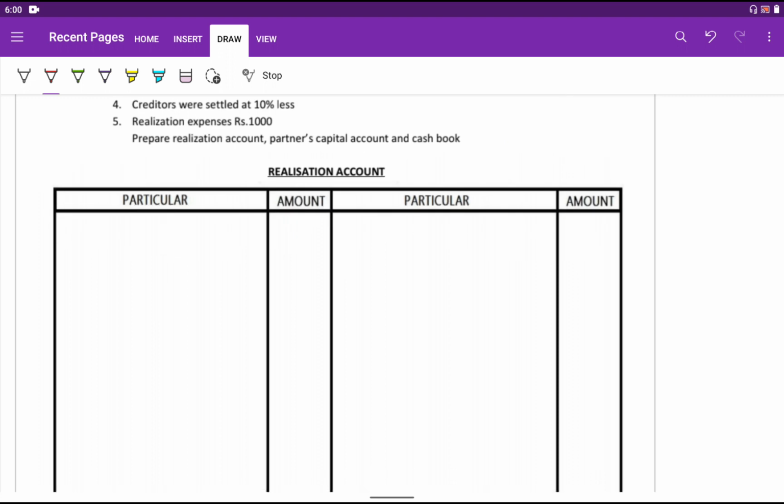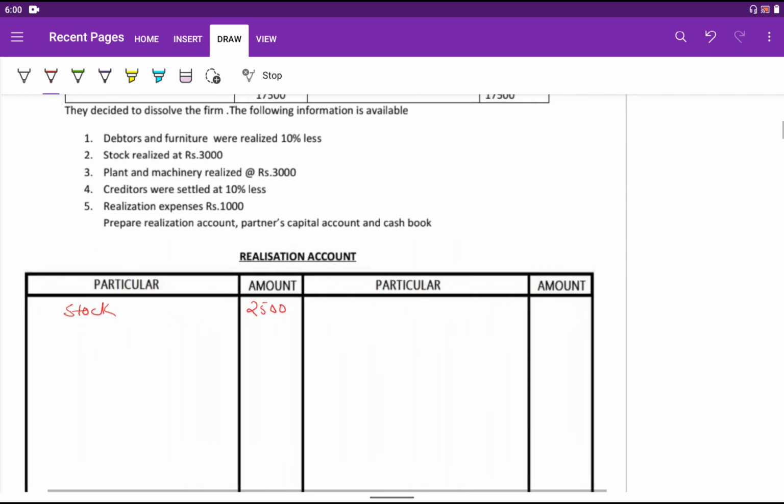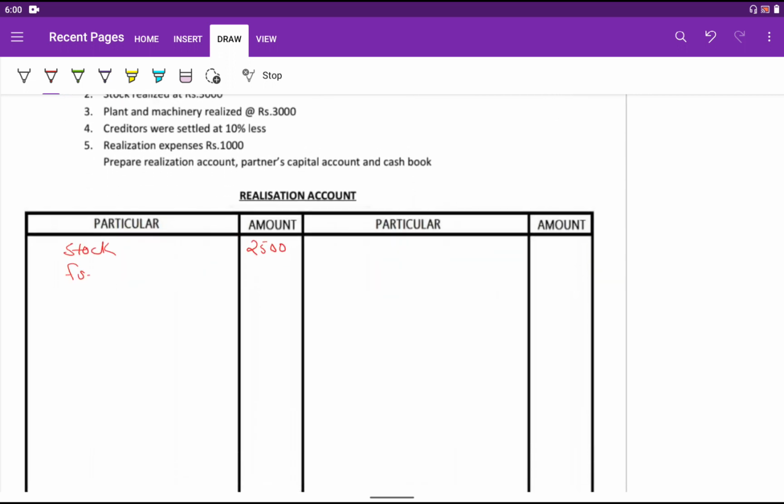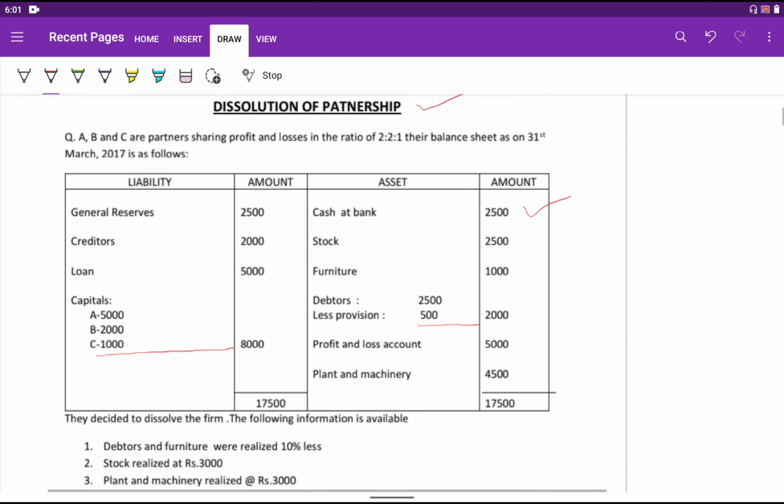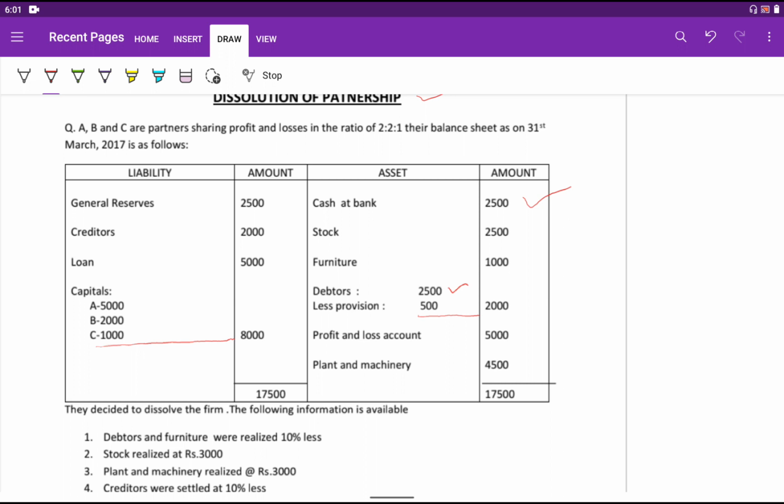So stock rupees 2500, furniture 1000, plant and machinery 4500, debtors 2500.